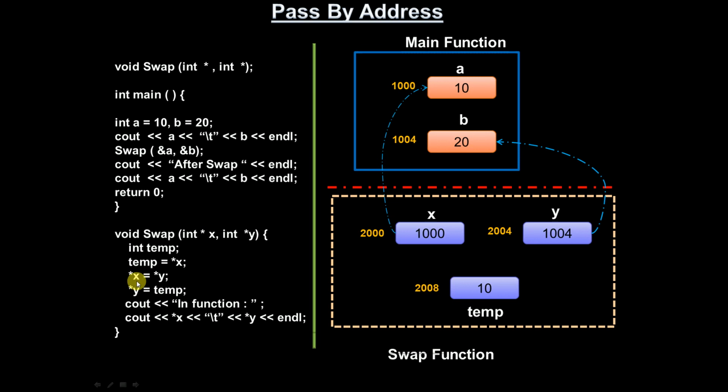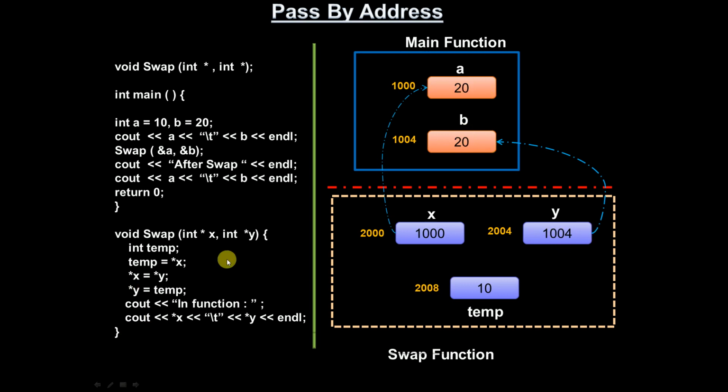So what we are doing, star x equals star y means the value present in 1004 has to be copied to the value present in 1000, that is 20 has to be copied to this A location, that is the 1000th memory location. Okay, so now the value is copied from 1004 to 1000.